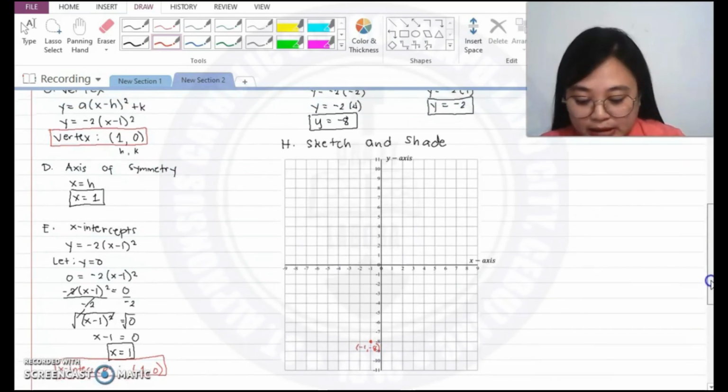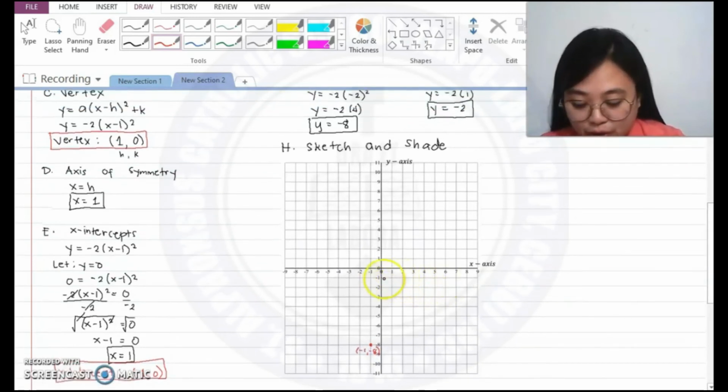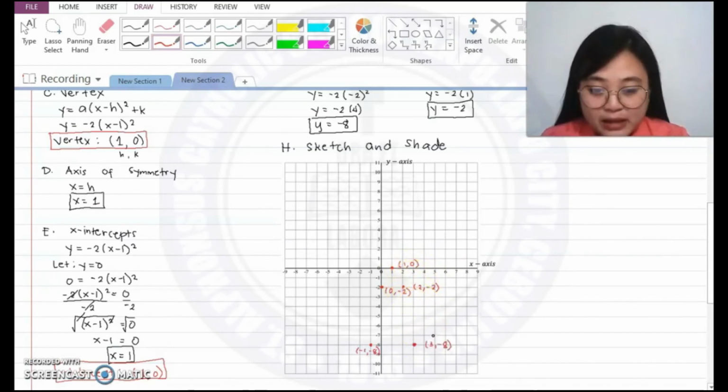Next point is 0, negative 2, so it's here. I want you to label as well 0, negative 2. Next, the vertex is 1, 0. Then label 1, 0. Next is 2, negative 2 here. And lastly would be 3, negative 8.